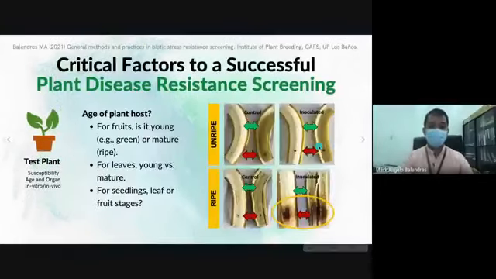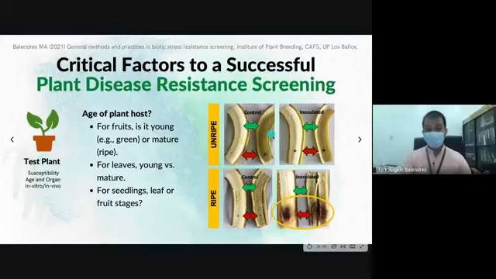The first one is the test plant. You don't have to know if it's resistant or susceptible, but you need to know which stage of the plant is more likely to get infection. So here, the age of the plant host is critical. An example is banana anthracnose or banana rotting.